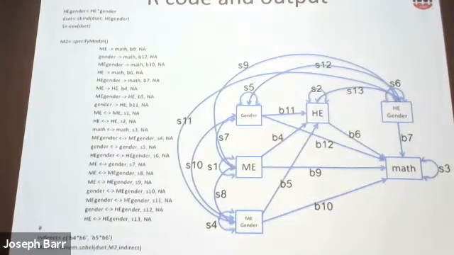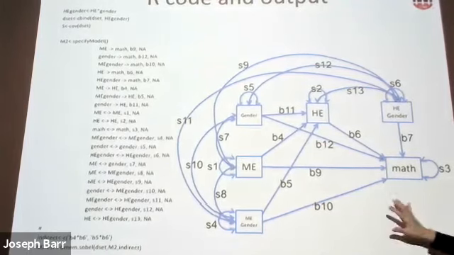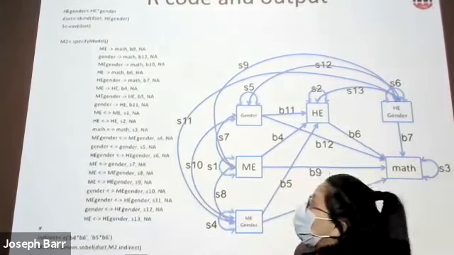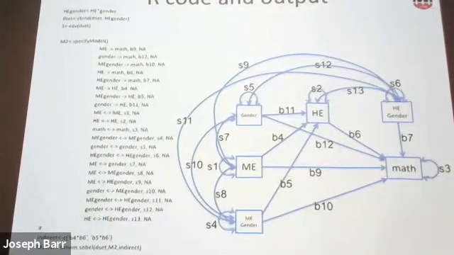And that's our code, okay? So we translated the model here to our code here. So we have a lot of coefficients behind it. Variance, covariance.